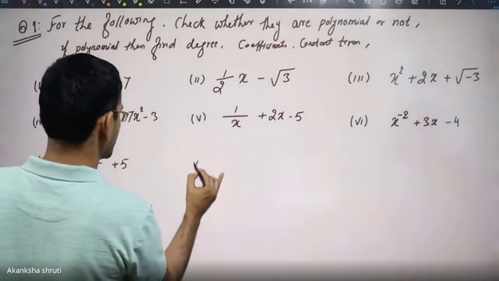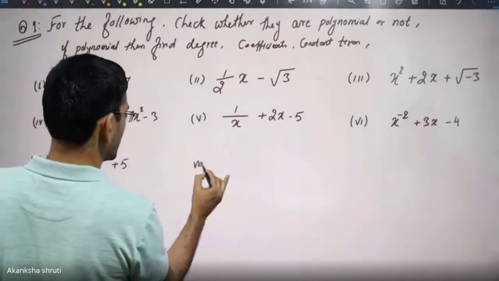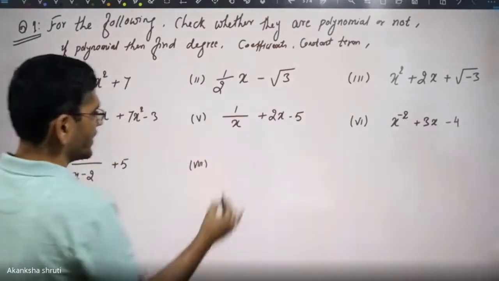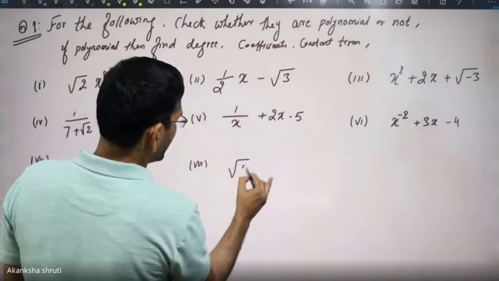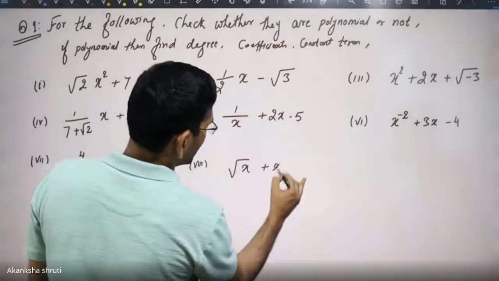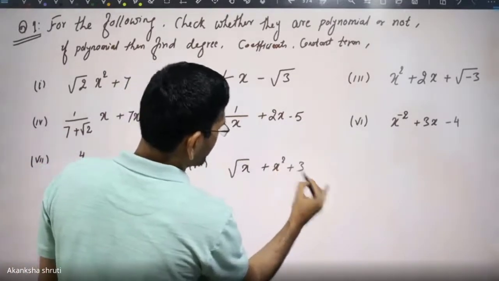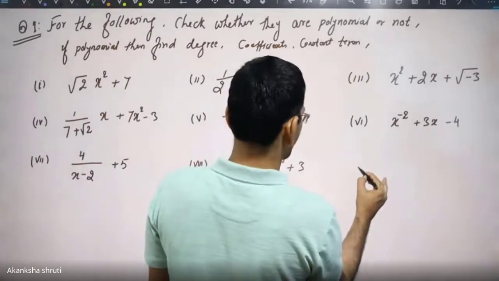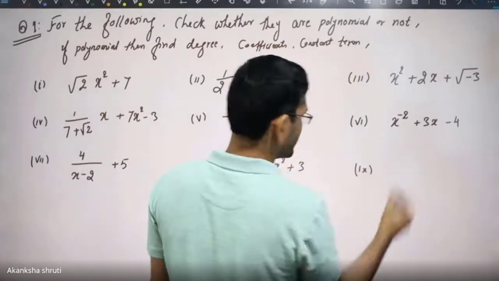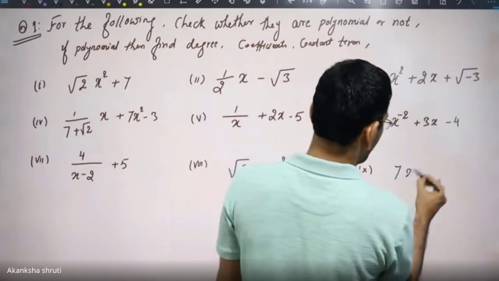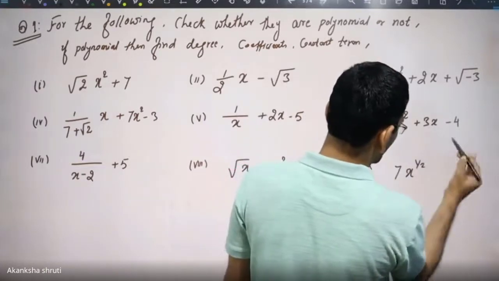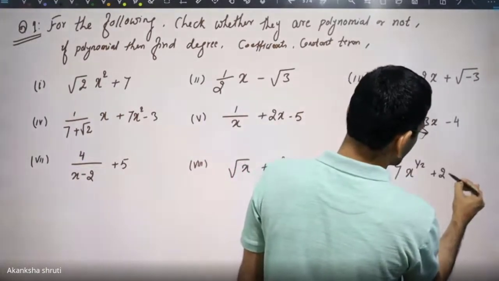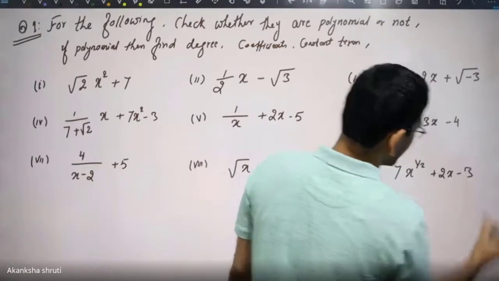Now let us take the next one, the eighth one, under root of x plus x square plus 3. The ninth one, 7x to the power 1 by 2 plus 2x minus 3.